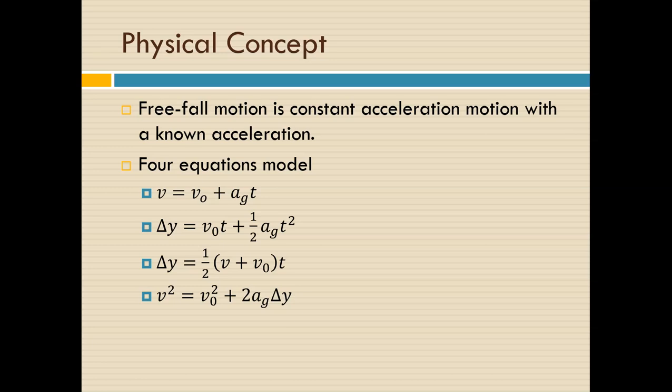Sometimes you may have seen it written, let's say, for example, this second equation here, delta y equals v0t plus 1/2 a sub g t squared. You may have seen it written as minus 1/2 a sub g t squared. I don't necessarily like that from a stylistic standpoint. The reason being that we don't have to have down be negative every time. I could give you an example.